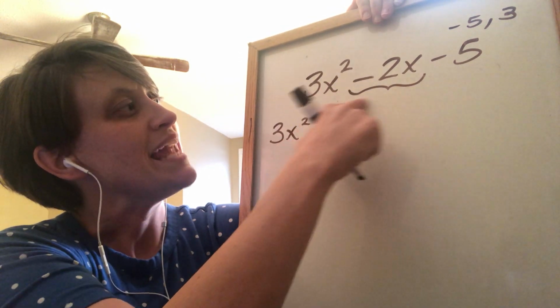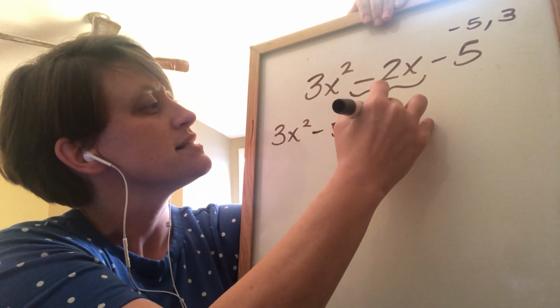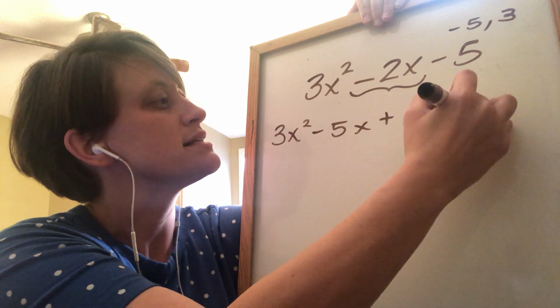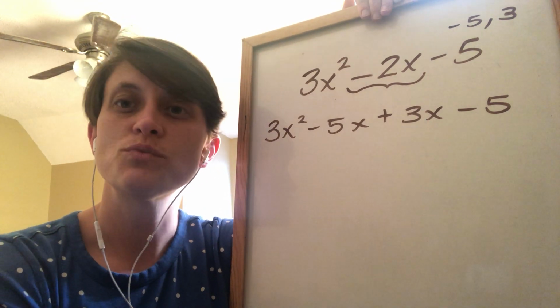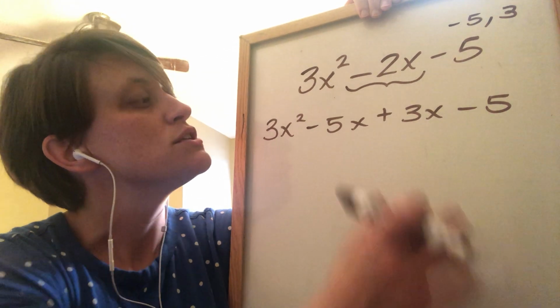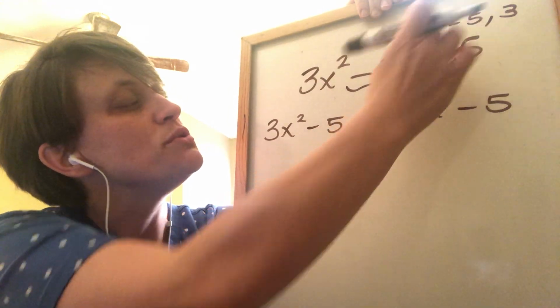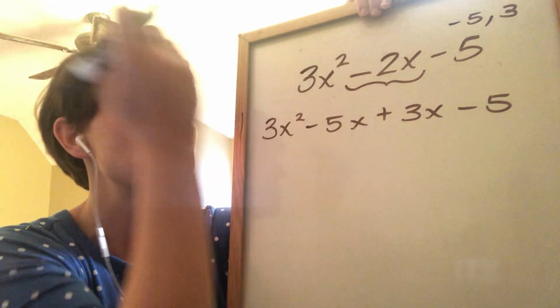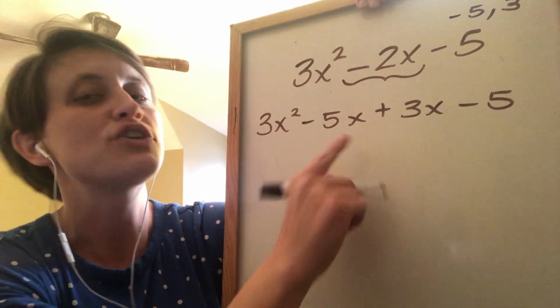But instead of writing -2x, we're going to write -5x plus 3x. We really don't see a purpose in this right now, but in the next step, it'll become really obvious why we want to do this. So just keep in mind when the leading coefficient is not 1, you use your two numbers to break up the middle term. Now, if this thing factors, what we should be able to do is factor by grouping.